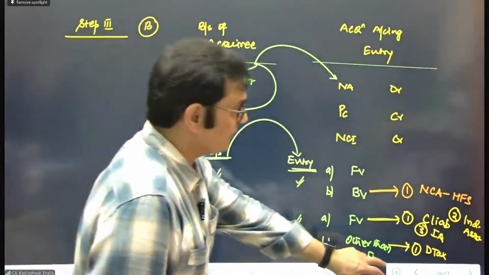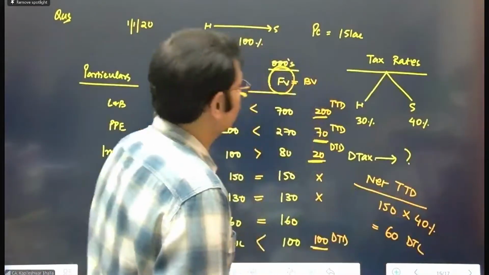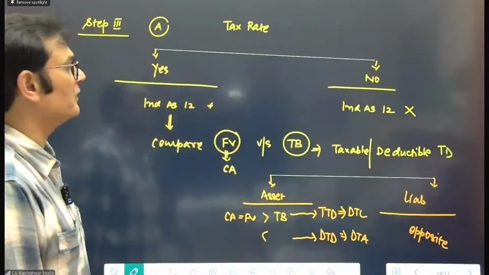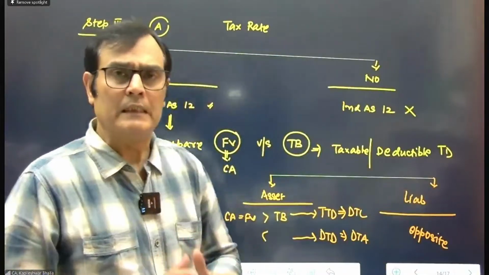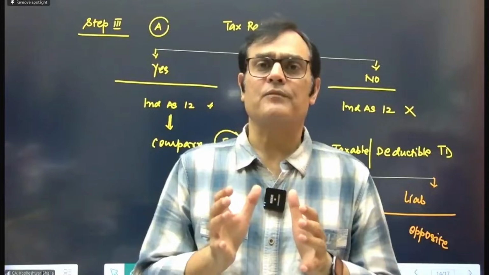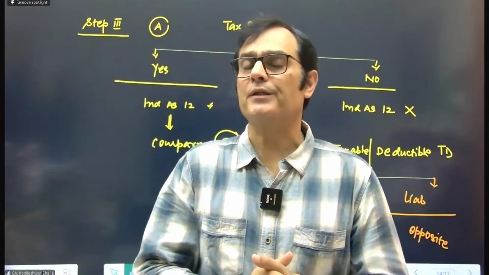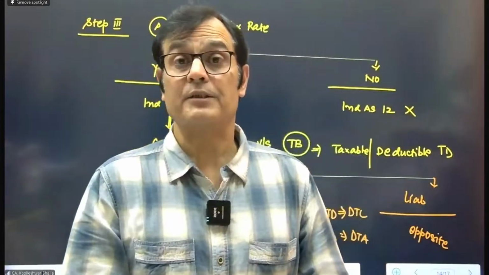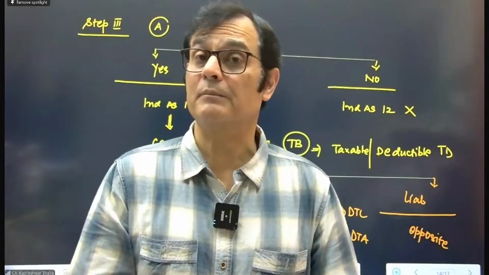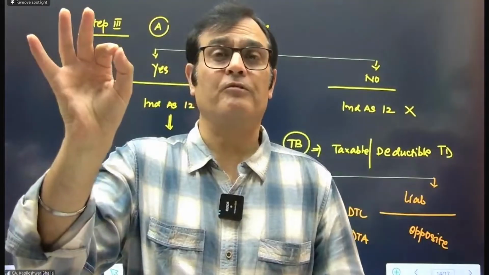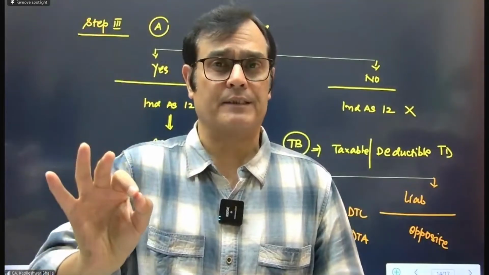In terms of step number 3A and step number 3B, you've got two major focus points to decide. When you're organizing the list of net assets, at the first instance, see, are you given a tax rate or not? If you're not given a tax rate, that means no deferred tax implication. If you're given a tax rate, first of all, sit down before you make a list of the net assets.